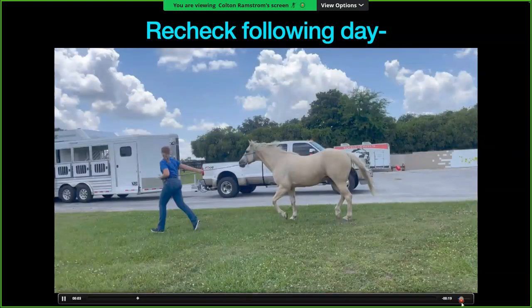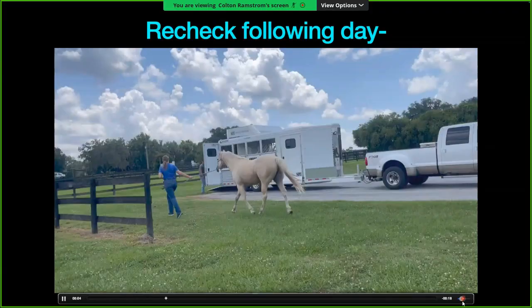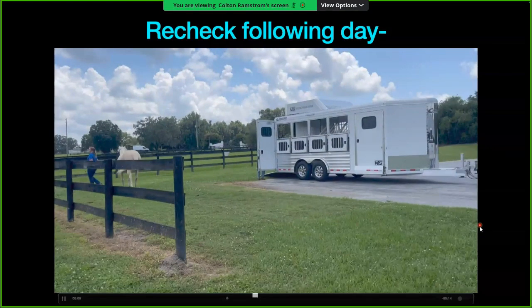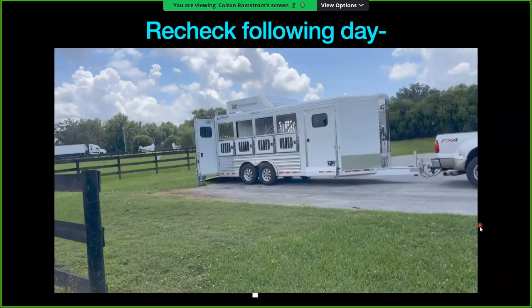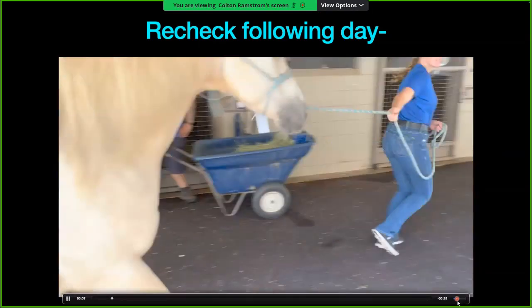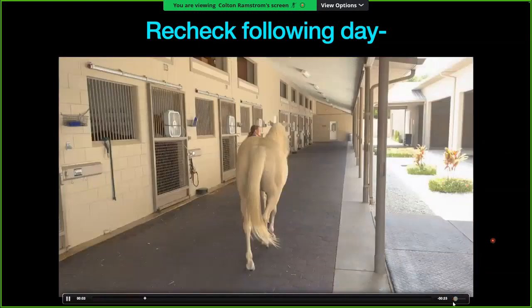So just a quick baseline for us again. If anything, we're even a little bit worse than we were yesterday. Not that surprising. And then this is right around 5 minutes after a direct proximal suspensory ligament block.